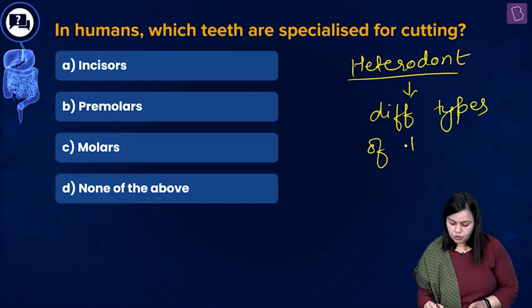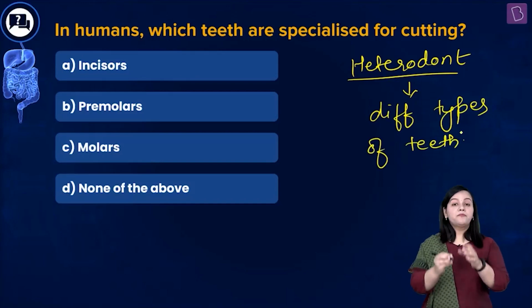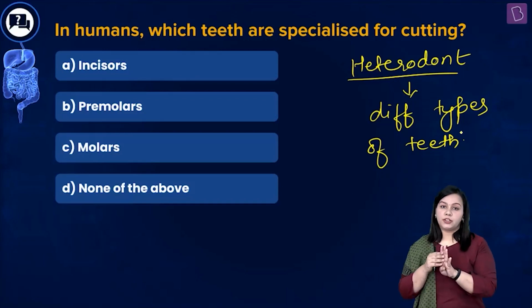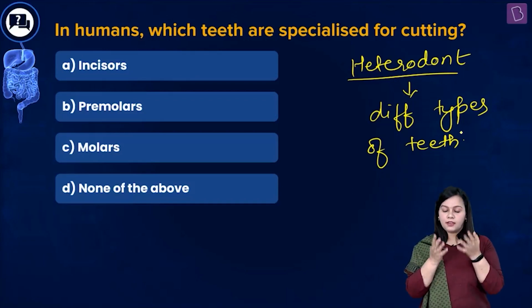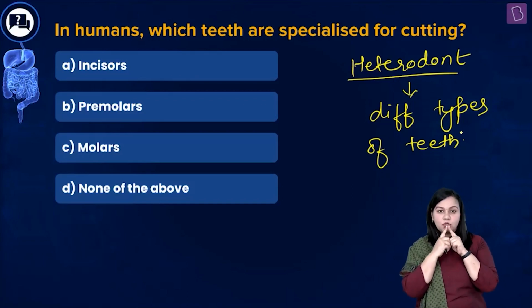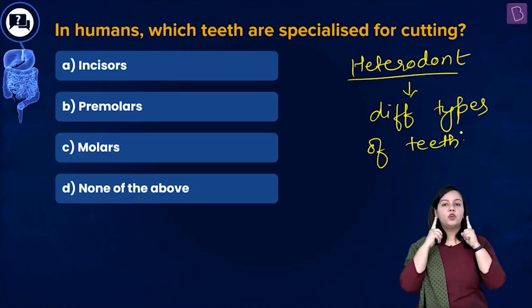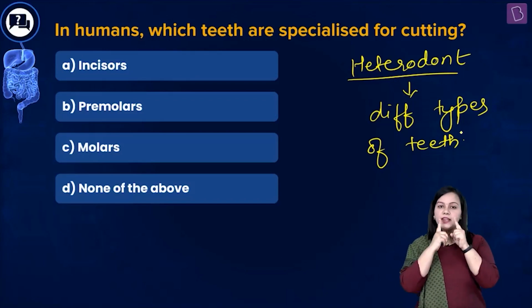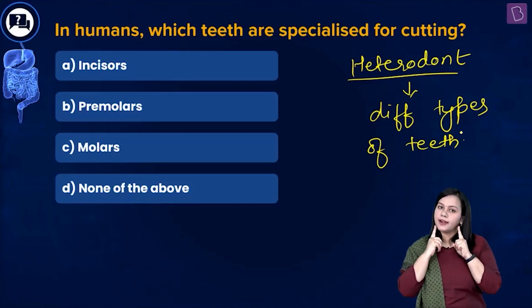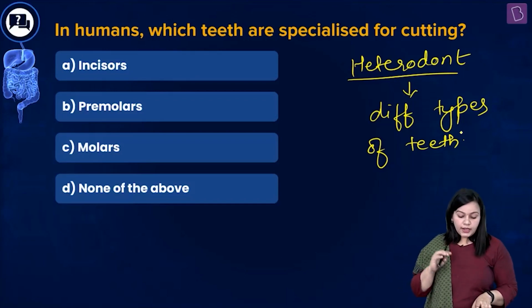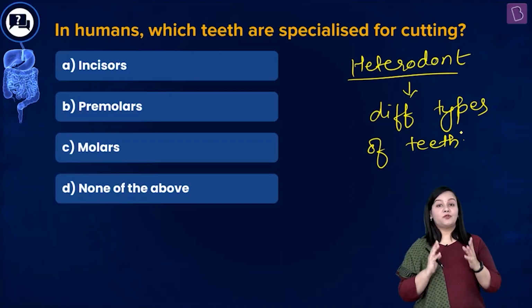As you know, we have four major types of teeth. They are basically referred to as incisors, canines, premolars, and molars. Fine. So in humans, which teeth are specialized for cutting?